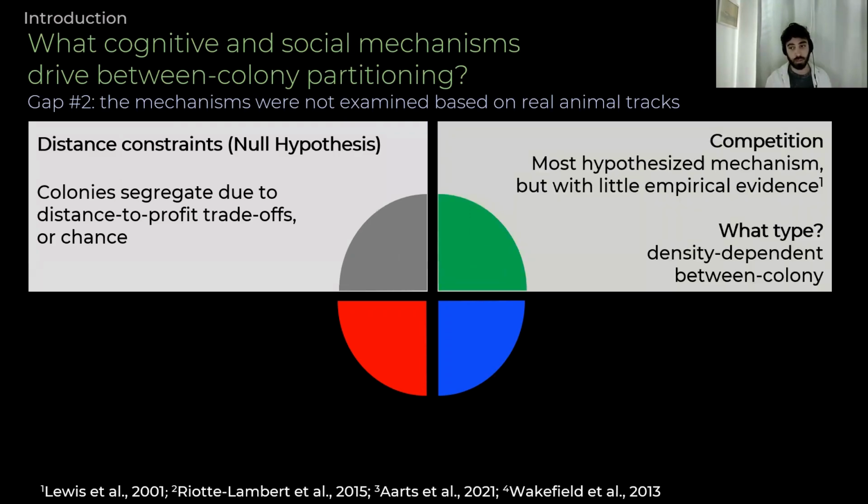Then we wanted to add something more interesting. The most hypothesized mechanism that people argue throughout the literature is competition, of course. When these individuals meet, they compete, and then they have to segregate. That makes sense. But there are two open questions. First is really, is it true? I mean, do these individuals even compete? So the general theory says that the colony grows.